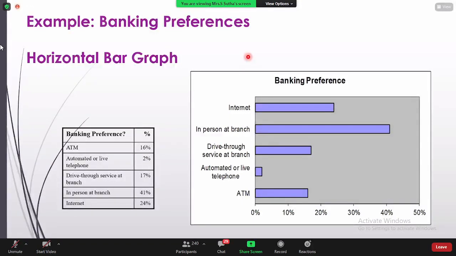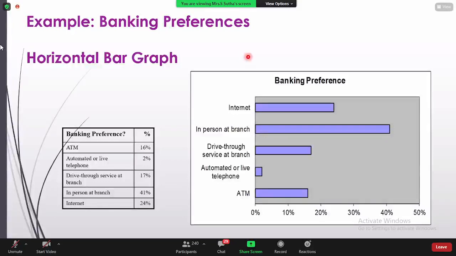Then the bank manager or executive officers or chairman will make the decision whether we are going to drop automated or live telephone, and give more improvement to in-person at branch or internet, right?